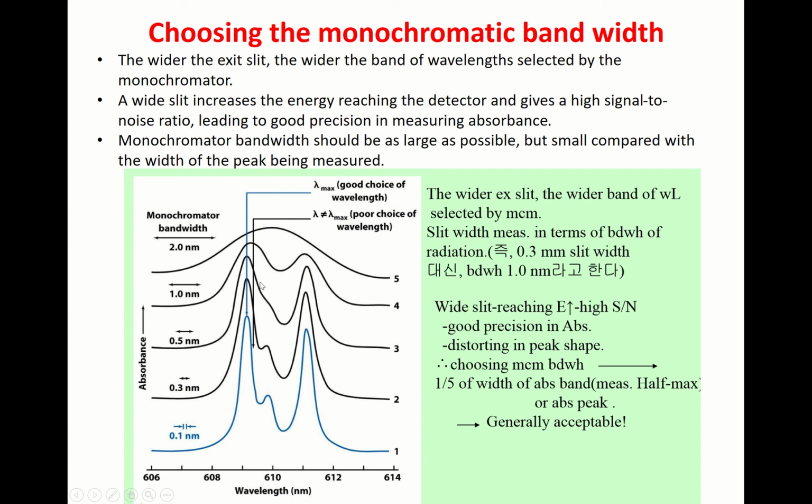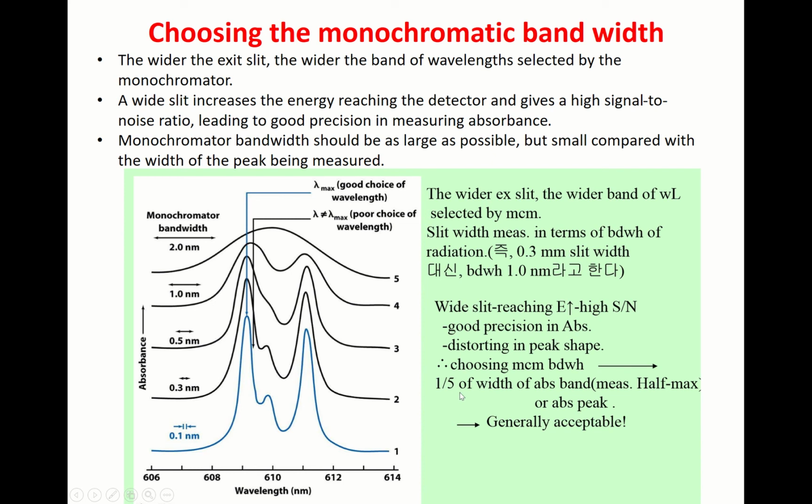Eventually, if the bandwidth is 2 nanometers, there is only one broad peak. This case is not acceptable. And here, with the wider slit, energy is high and signal to noise ratio is high, giving good precision, but there is distortion in peak shape. So what is the rule of thumb?